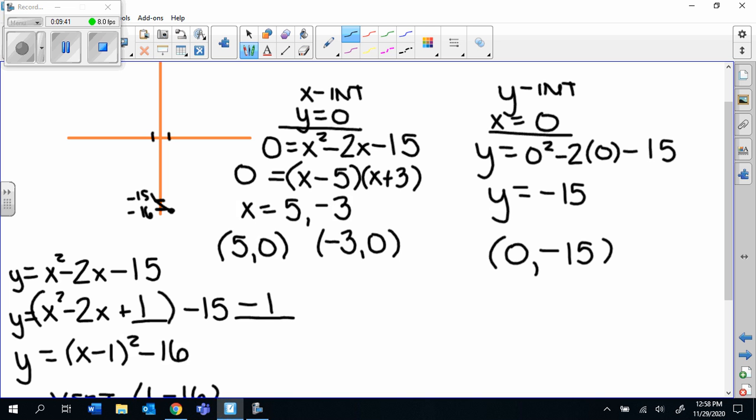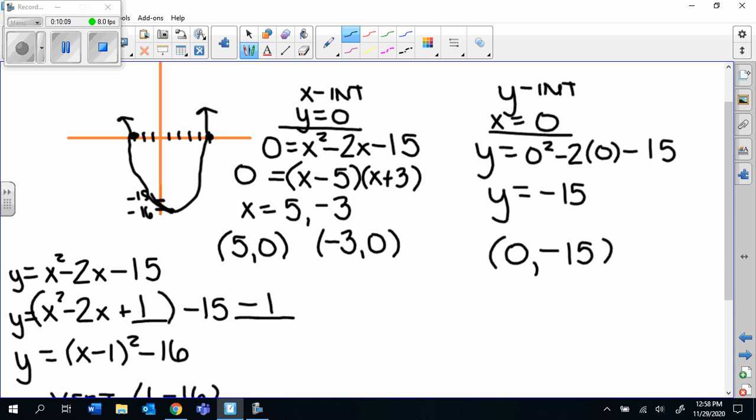And negative 1, negative 2, negative 3 would be one of my x-intercepts, and 2, 3, 4, 5 would be the other one. Oh, I'm missing it. There we go. I'm not a great drawer with this pen. It doesn't draw very accurately. I can write okay, so that's really rough, but you get the idea of the x-intercepts, the y-intercept, and how it interconnects with that vertex.